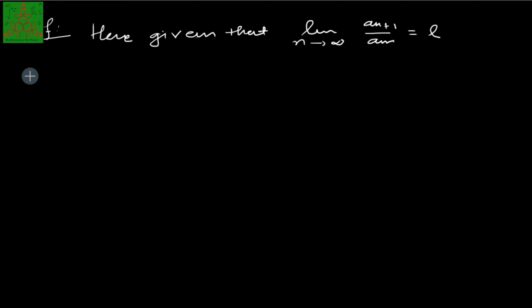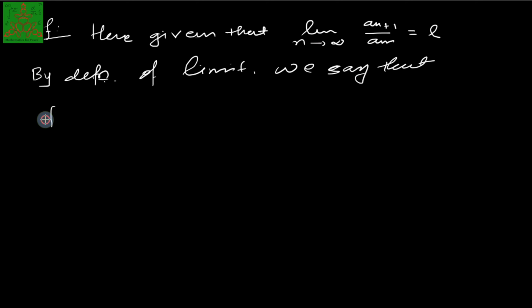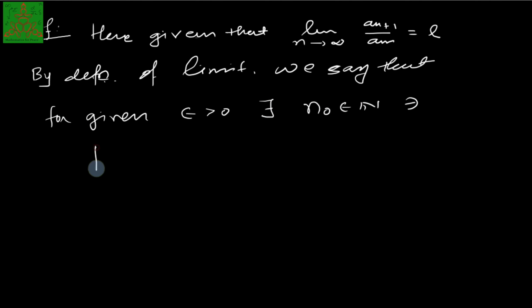By the definition of a limit, for any given epsilon greater than 0, there exists n0 belonging to N such that mod of an plus 1 upon an minus L is less than epsilon for every n greater than or equal to n0.